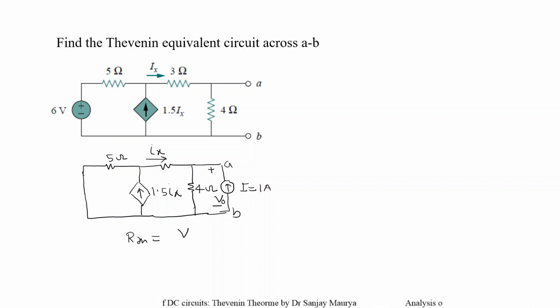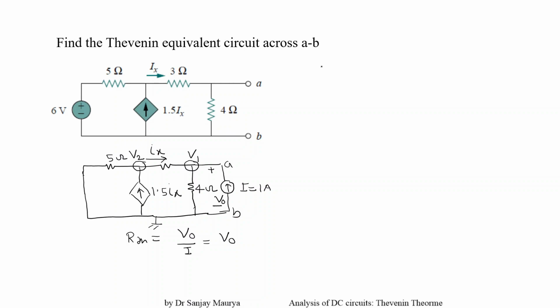That will be V0 over I, and I is equal to 1, so that will be equal to V0. Now I'm going to solve this circuit. Assume that this is node 1, this is node 2, and this one is ground. So I'm applying the node analysis, V1, V2.